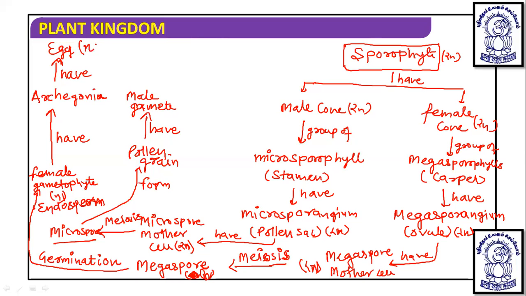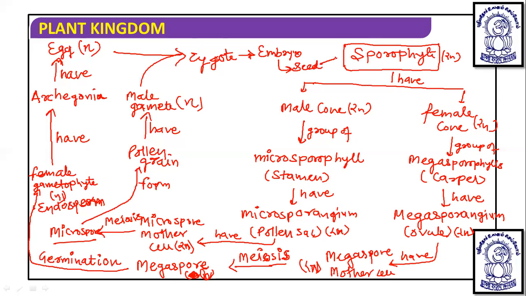The male gamete is also haploid. Both this egg and male gamete fertilize and form the zygote. And this zygote forms the embryo. That embryo is going to form the seed, and that seed germinates and forms a sporophyte.